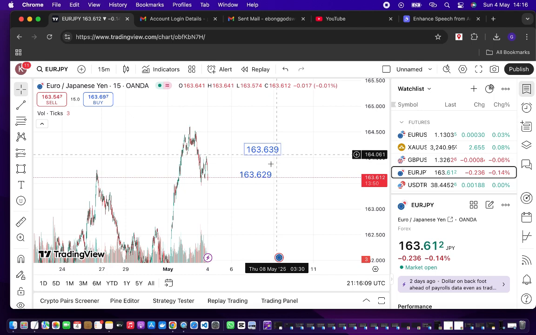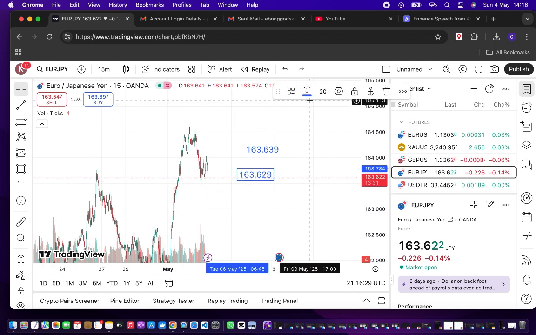The market value has increased from 163.629 to 163.639. We now have a 1 pip increase to the market value. How do we have the 1 pip increase? We simply added 1 to the second number after the decimal point.